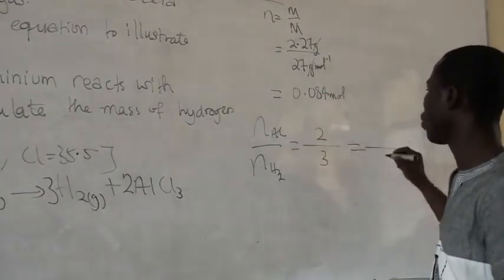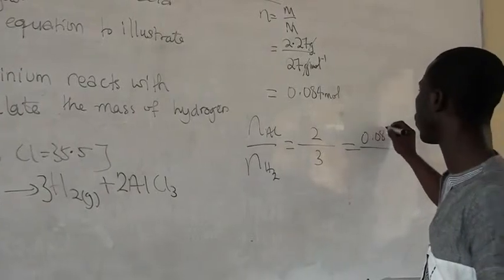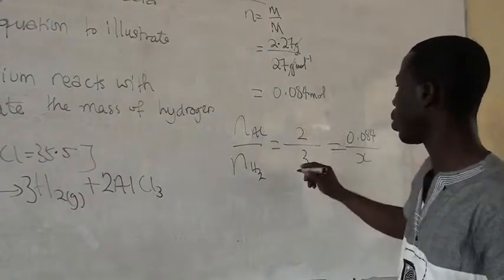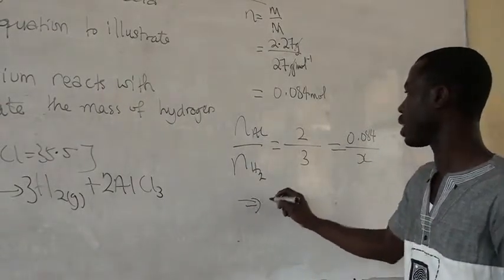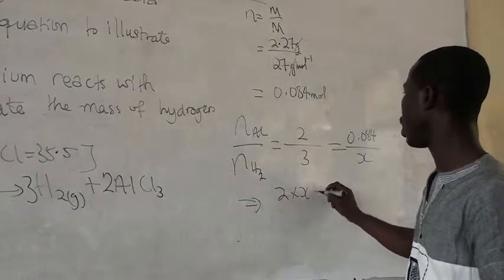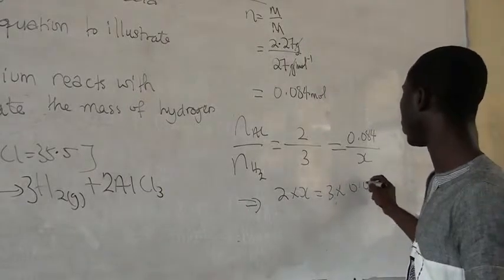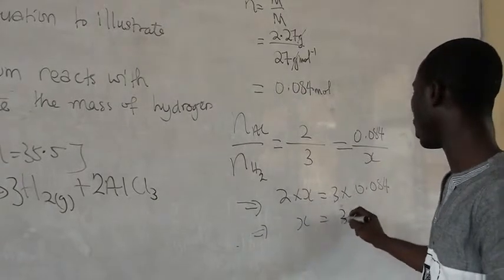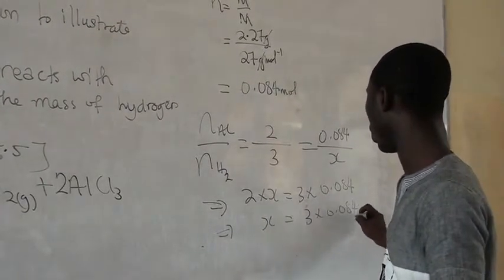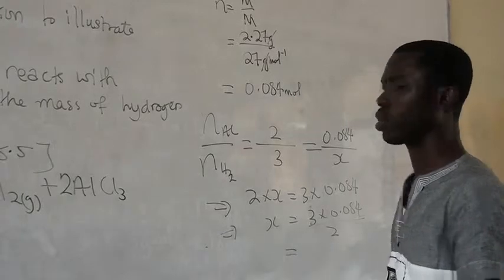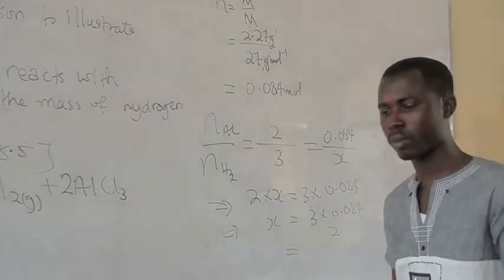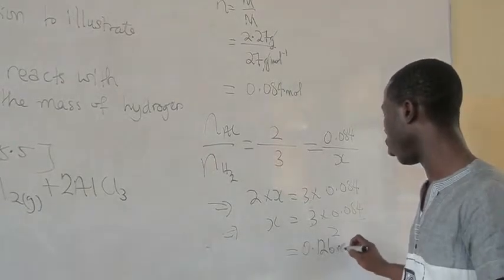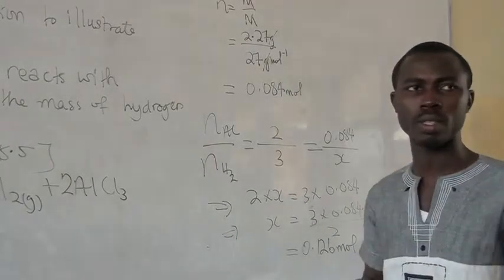But we know the number of moles of the aluminium to be 0.084, but we don't know that of the hydrogen. So we can now solve. This implies that 2 times x equals 3 times 0.084. That implies that x equals 3 times 0.084 over 2. And you do your calculation. What is the answer? 0.126 mole. That is good.